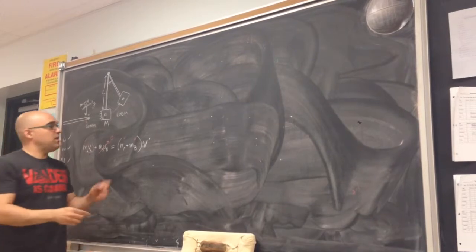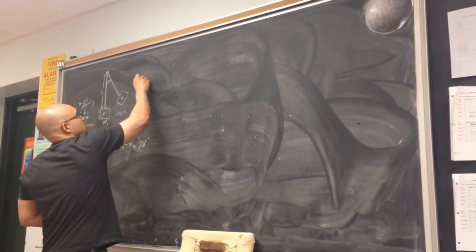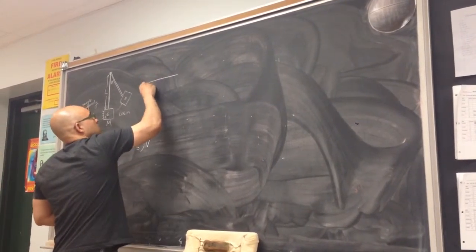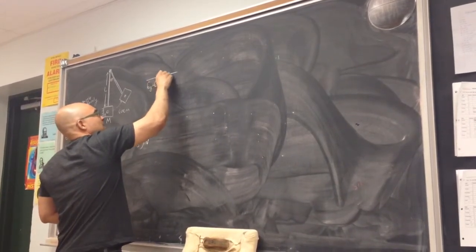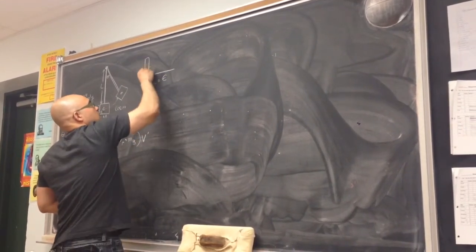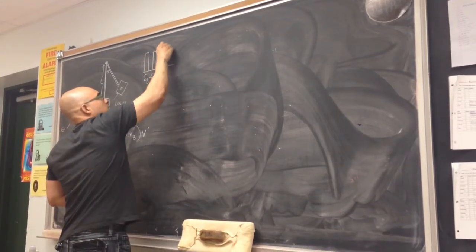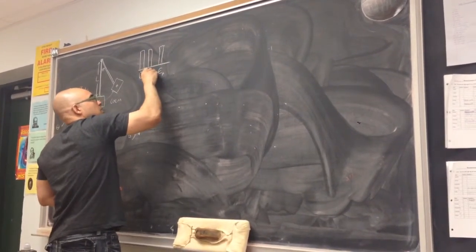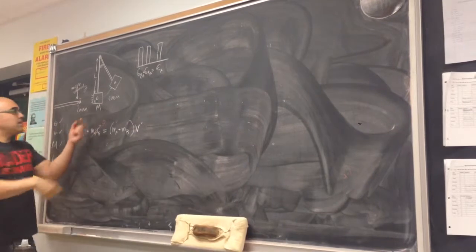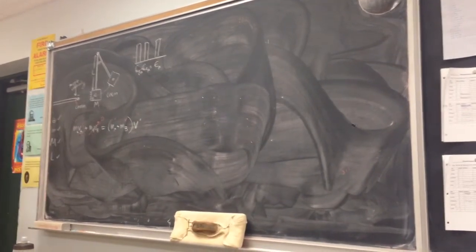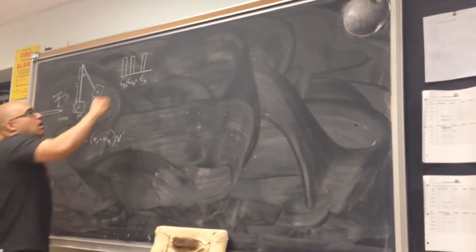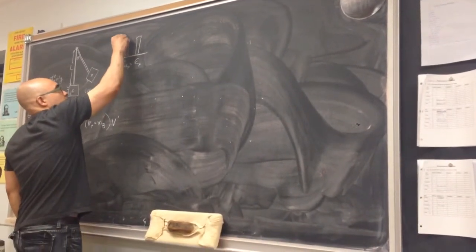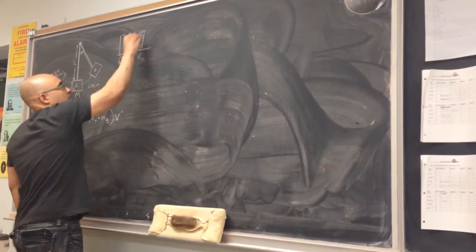So conservation of energy says, if we define state A, state A is the pendulum after the collision has occurred. It's given an initial kinetic energy. All of the mechanical energy in the system is in the form of kinetic.